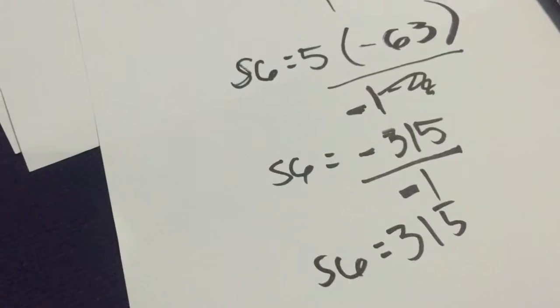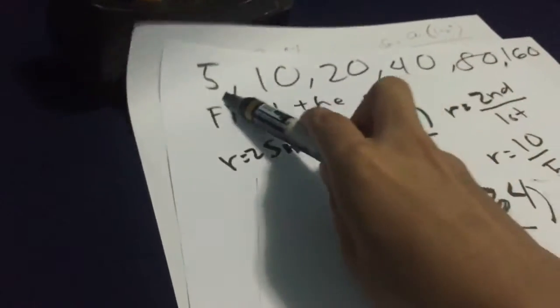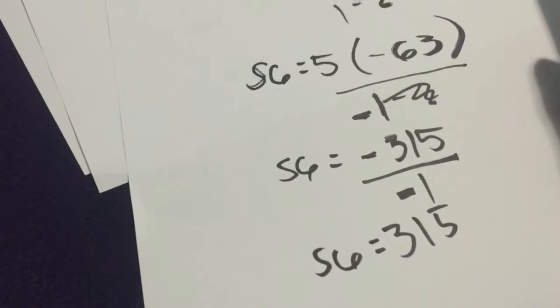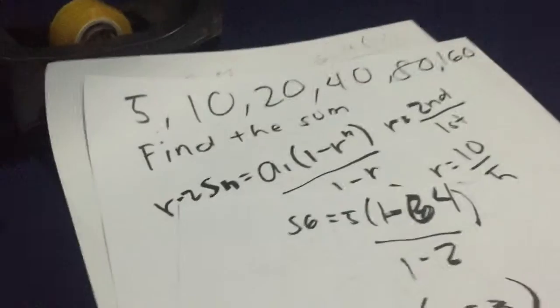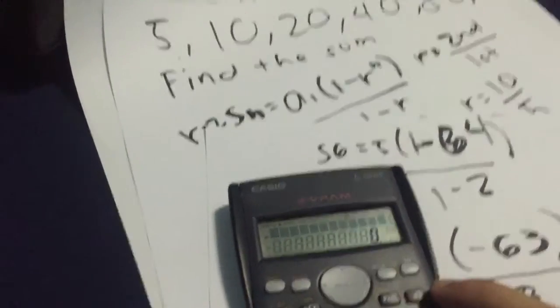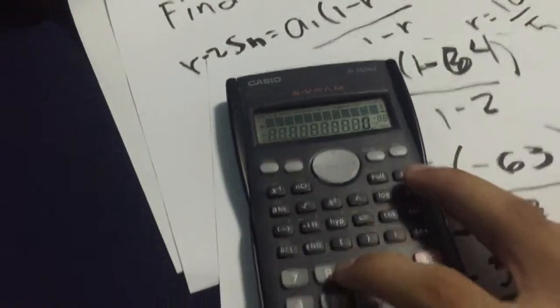So the sum of these 6 terms is going to be equal to 315. So how are we going to check this? We can use our calculator to add those one by one.